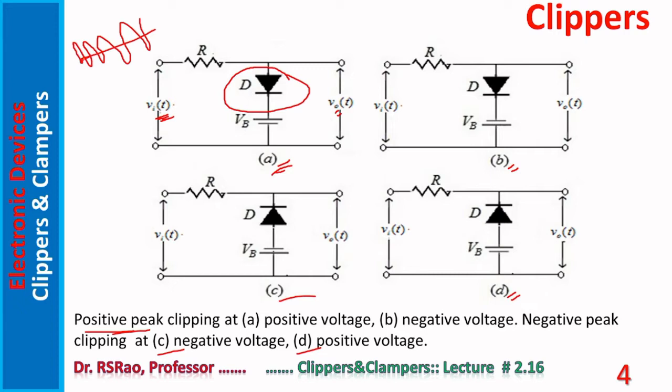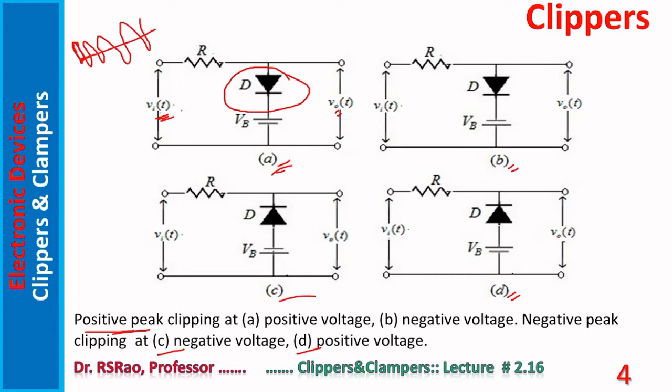During positive half cycle, when the input voltage reaches VB and moves further higher, the diode starts conducting. So the output voltage gets clamped, gets fixed at VB, and this continues as long as input voltage is above VB.